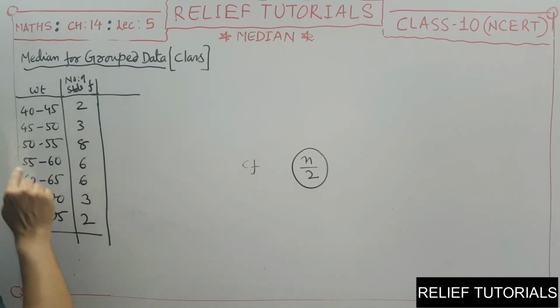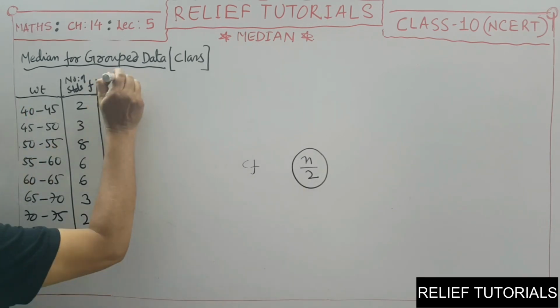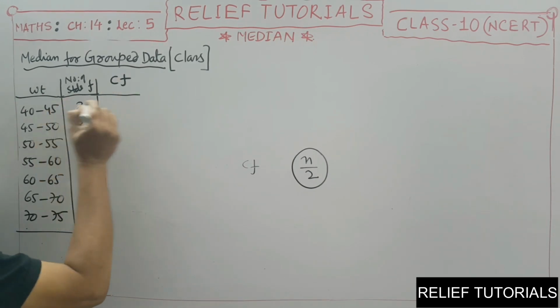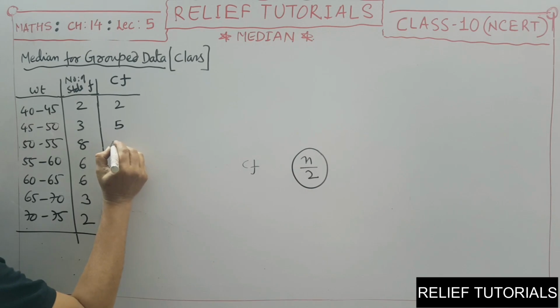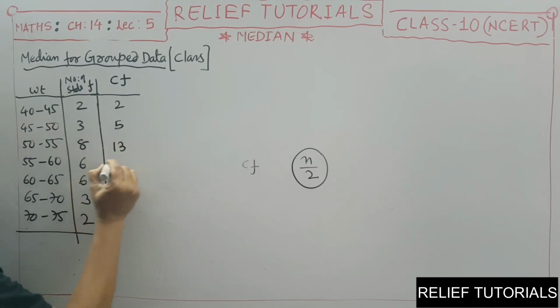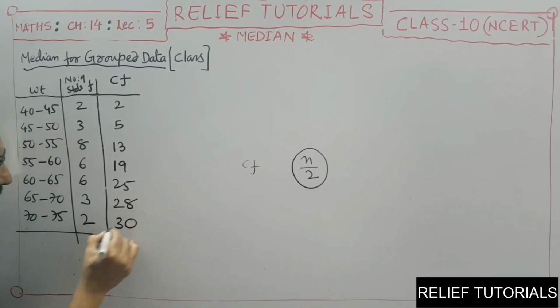Now we can locate the class by finding the cumulative frequency whose value is greater than n by 2. For example, if I find the cumulative frequency: 2 plus 3 is 5, plus 8 is 13, plus 6 is 19, plus 6 is 25, 28, and this is 30.